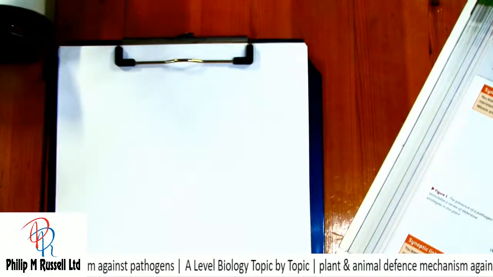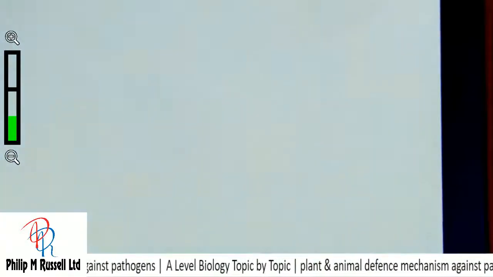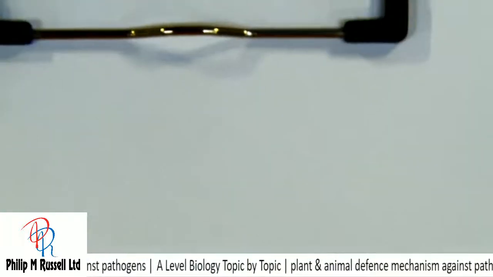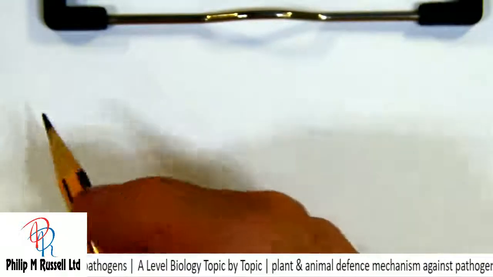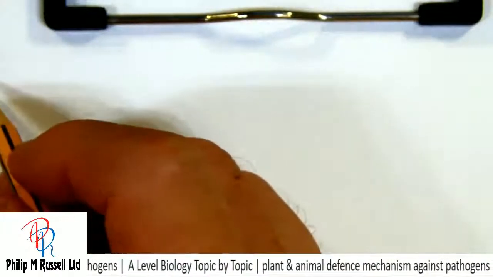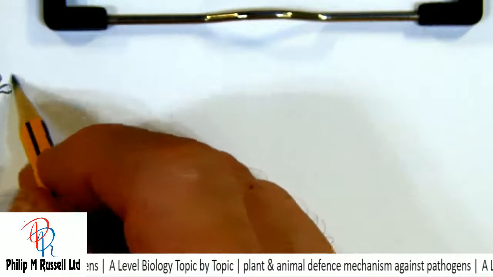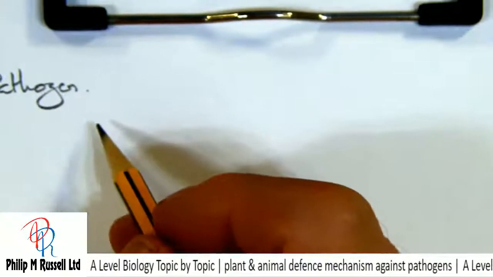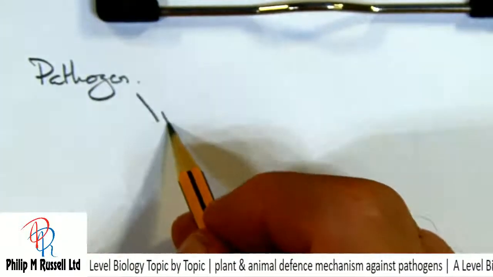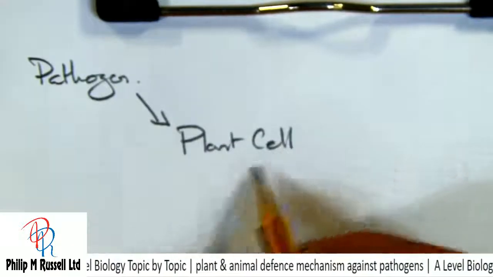Plants here, if we just zoom in here, are basically rather an odd way of trying to deal with a pathogen. Their first problem is that we've got some sort of pathogen coming in, and this pathogen is going to affect a plant cell.